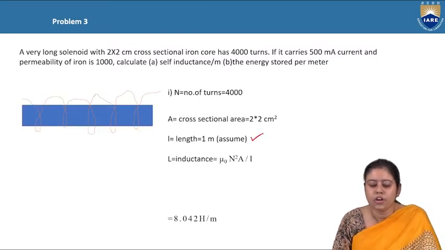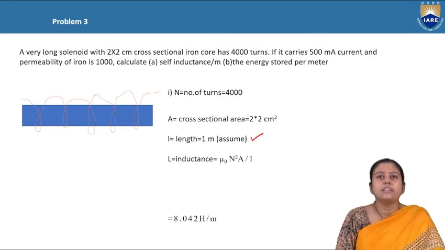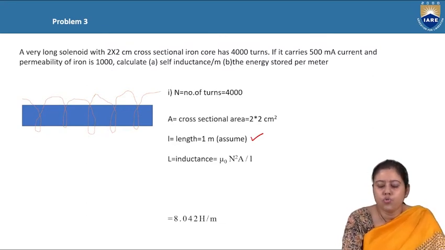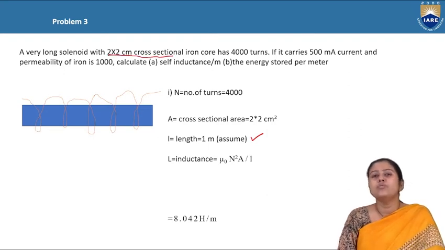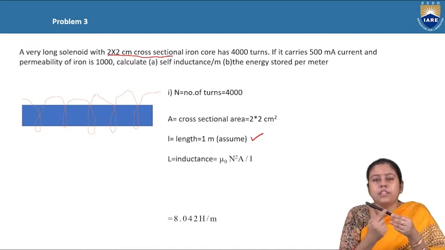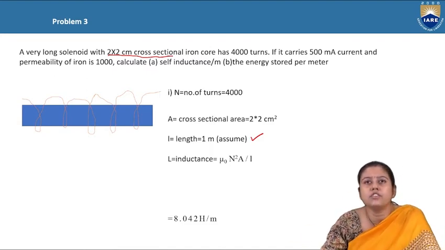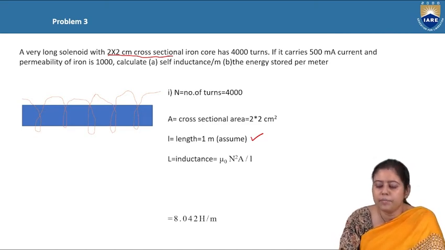So what is the long solenoid? You can see this is the long solenoid. It is mentioned that 2 into 2 centimeter cross section. What does it mean? Cross section means if we cut anything in between the middle, it will look like a small square. So N is equal to number of turns is equal to 4000.